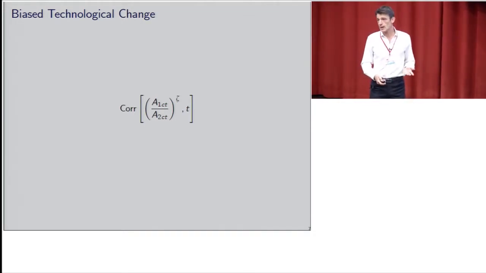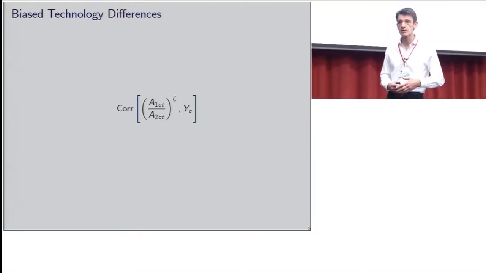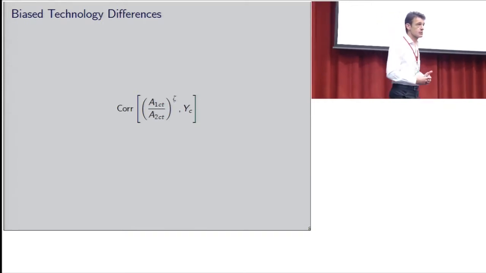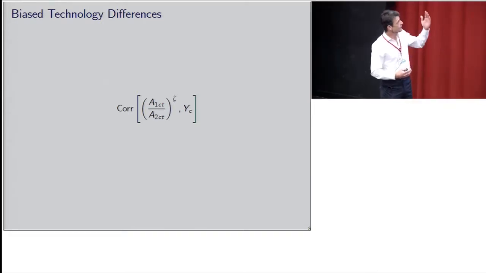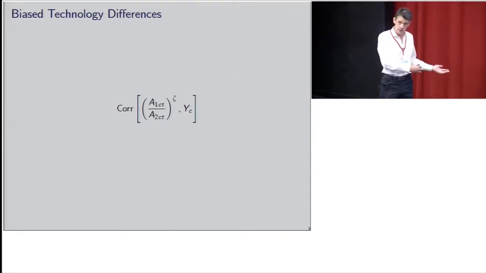What am I going to do about it across countries? What's going to be systematic evidence of non-neutrality across countries? Well, I'm going to do something very similar. I'm just going to switch the time indicator with a GDP per capita indicator. So I'm going to say that if the factor bias term is high in rich countries, technology differences are biased towards factor 1.